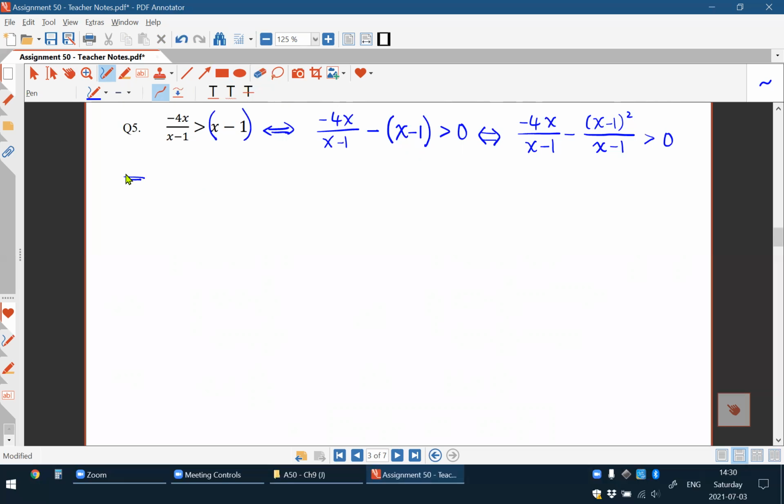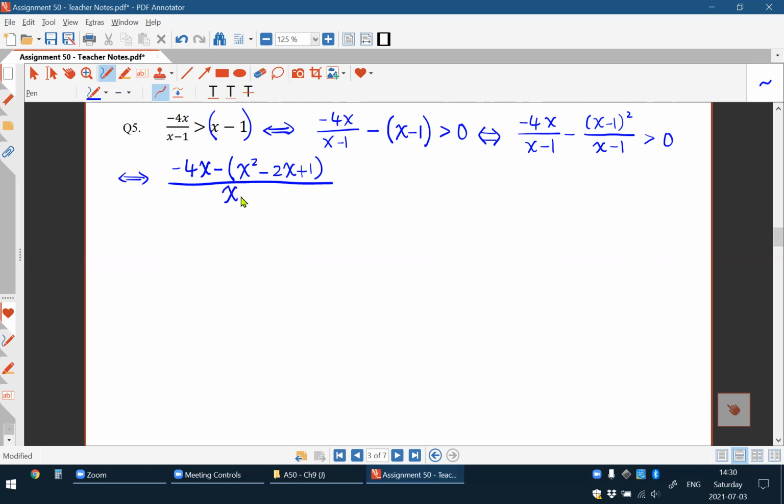Okay, and then expand and merge the numerator here. (x minus 1) to the second, which is x squared minus 2x plus 1. There's a formula regarding this, right?